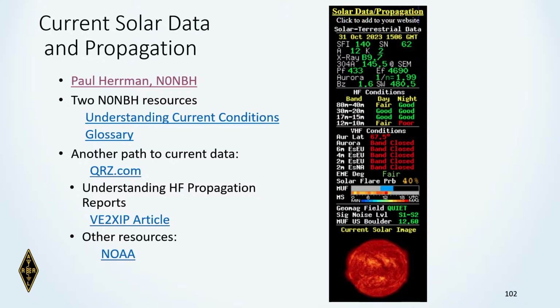If you want to get to this quickly, you can, I bookmark his site on my browser, so that's typically how I get to it. If you are a frequent QRZ.com user, it's a panel that shows up there. There was a ham, VE2XIP, that was very baffled by this, because if this is all you see, it's kind of mind-boggling. What does all of this stuff mean?